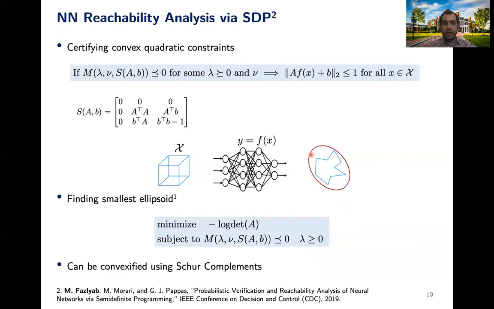So let's consider also certifying convex quadratic constraints. In other words, our goal is to verify whether the neural network output reachable set is contained in a given ellipsoid.